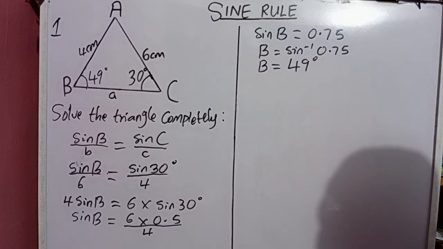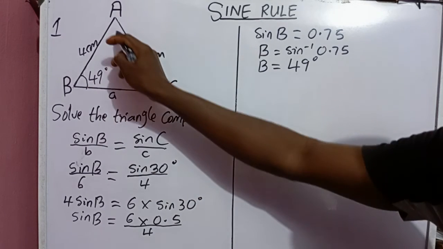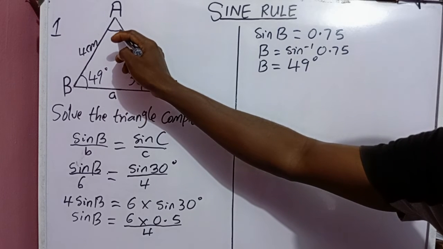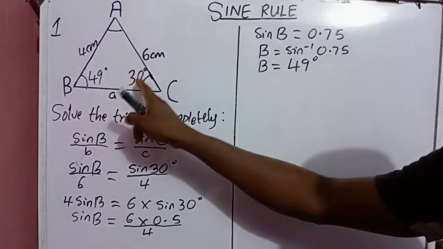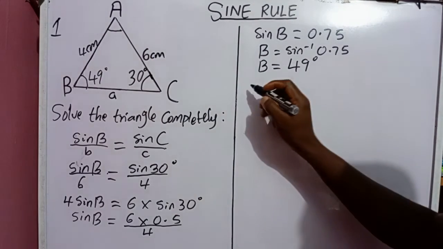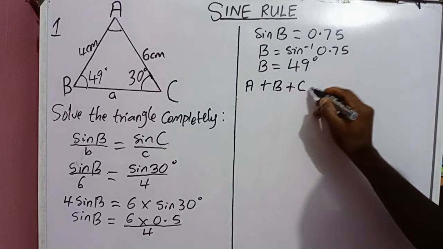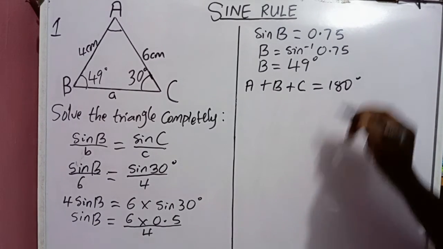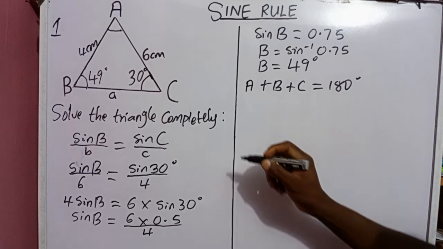Now we are approaching the end of this particular question. Now that we have 49 and we have 30, we can get the angle A. That's the sum of angles in a triangle, which we know to be 180 degrees. So I can say that angle A plus angle B plus angle C is equal to 180 degrees. The reason is that the sum of the interior angles of any triangle is equal to 180 degrees.